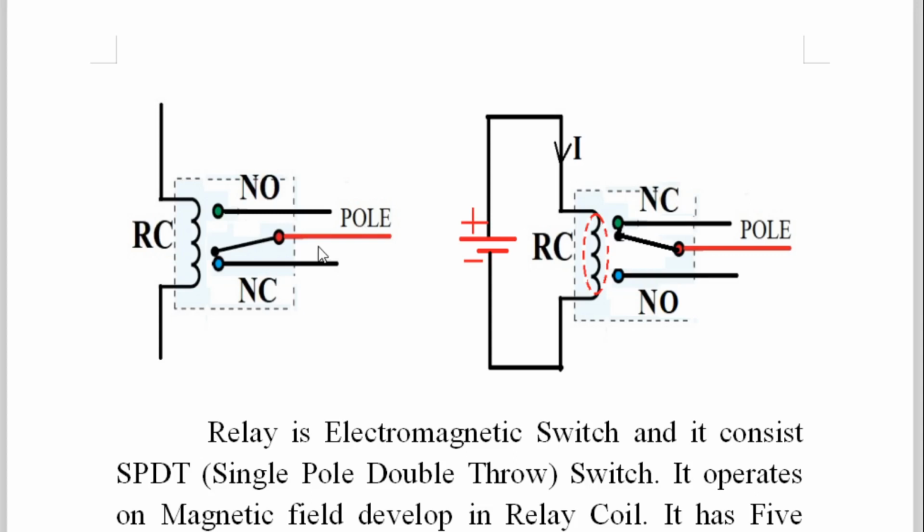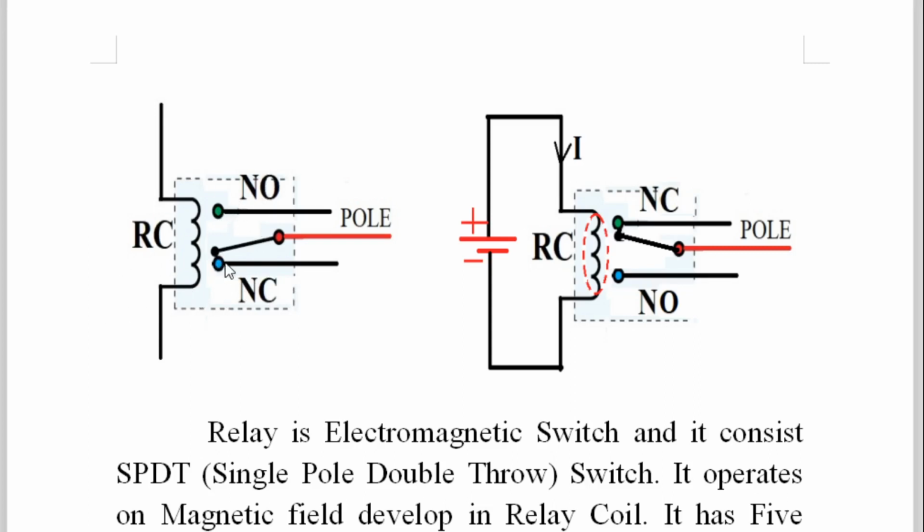So our relay is nothing but 2 terminals for the relay coil. There is one center terminal which is called common or pole, and there is one terminal which is called NC, means normally closed. So pole is normally closed to that terminal, that's why it is called normally closed, and this is normally open. Now why is it called electromagnetic switch?